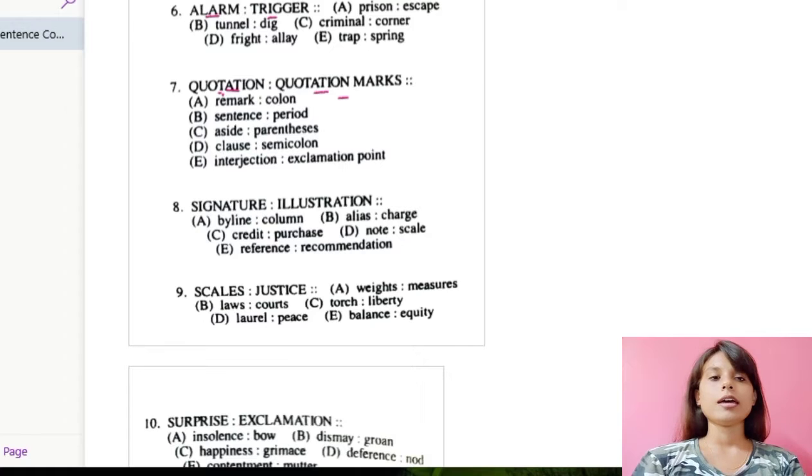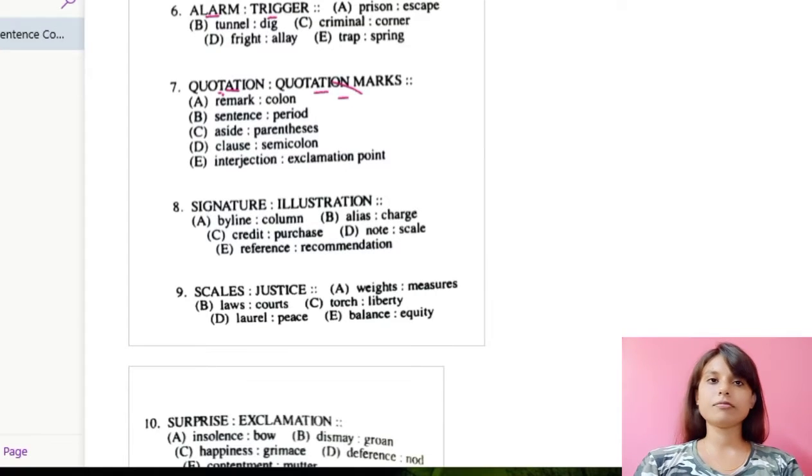Then the relationship that you extract from those two words, we need to find in the words provided in the multiple choice options. The option which suits best or shows the relationship between the words in the question will be the correct answer.